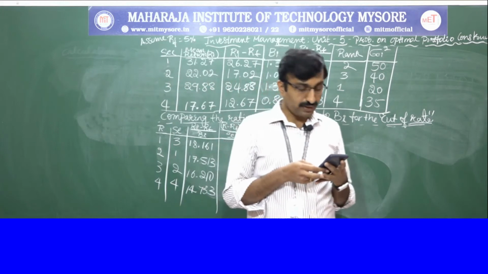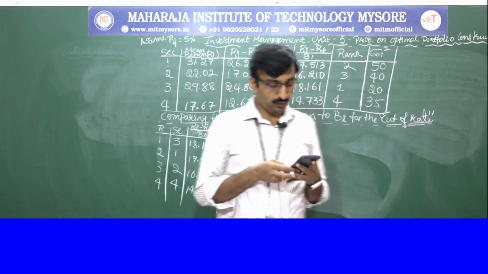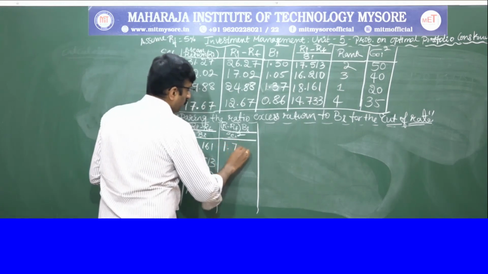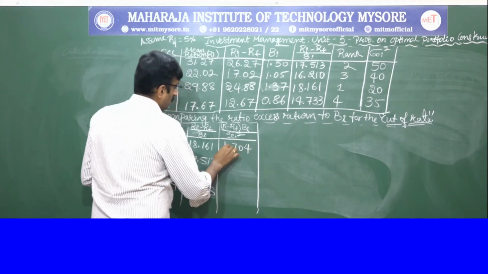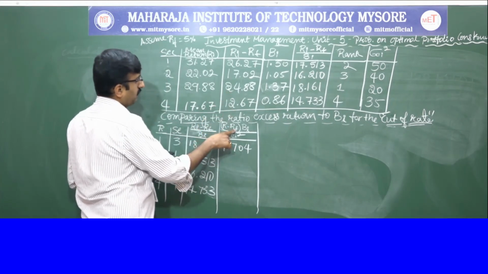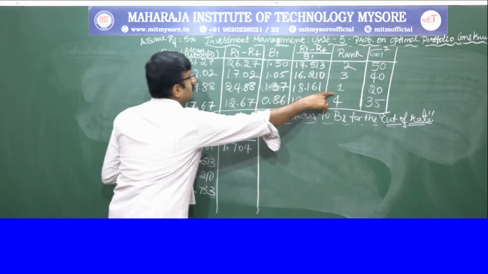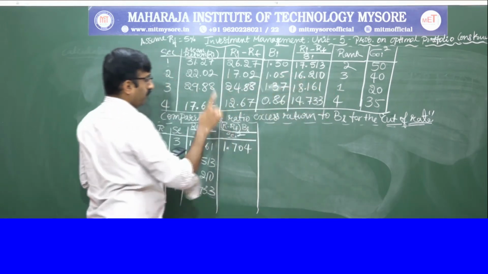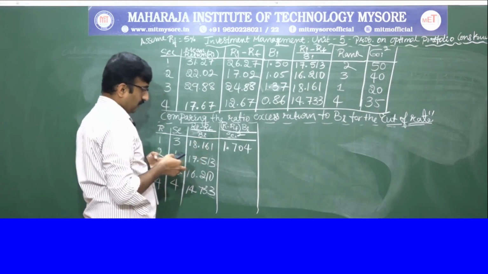You will get 1.704. Hope you got it. Okay, so how do you do it? 24.88, that is Ri minus Rf of the first one, into 1.37 divided by 20. If you do, you will get 1.704.